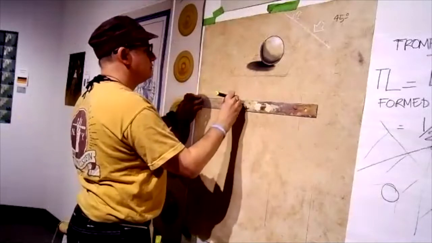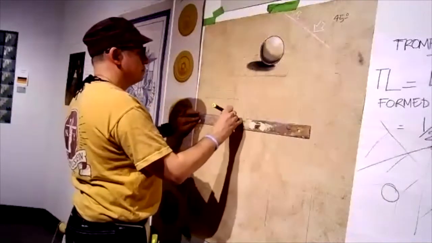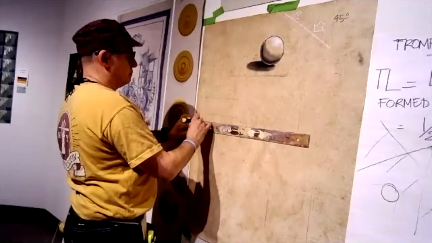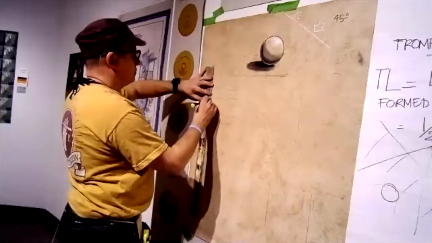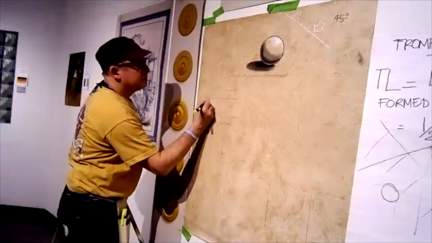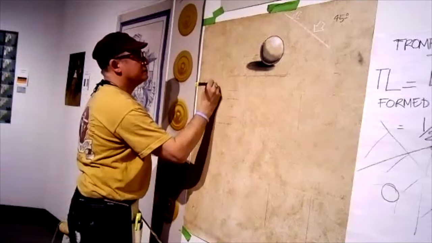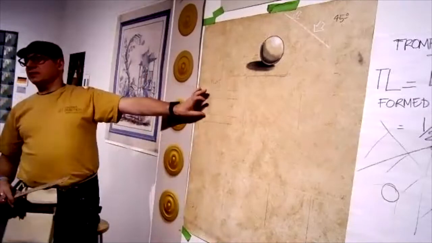So let's do the first one. The first element is this. It's called a flat. So it's a flat piece of wood essentially.